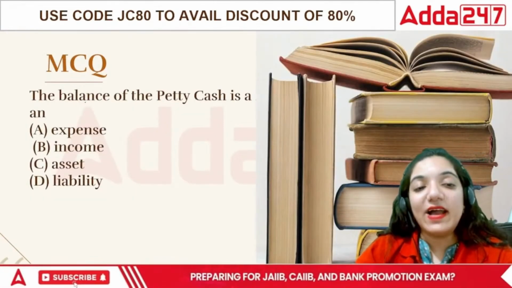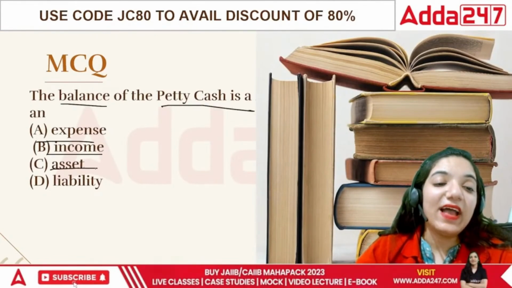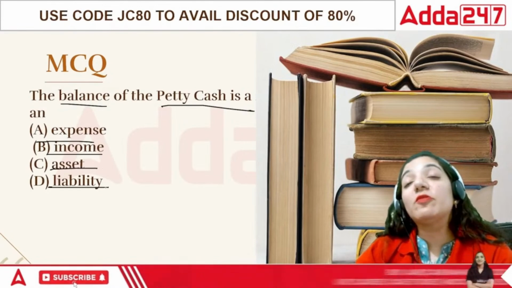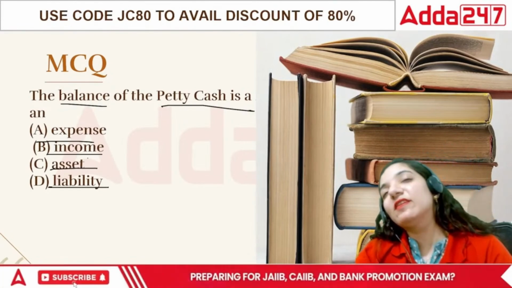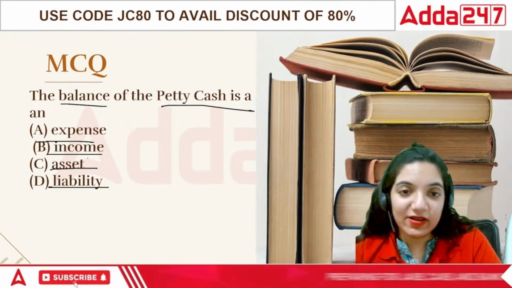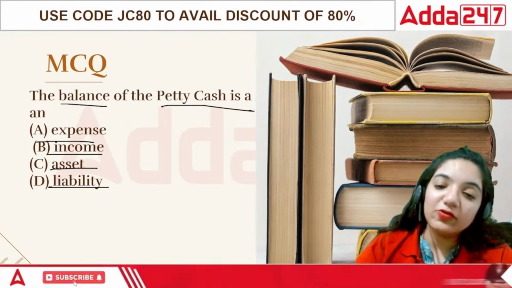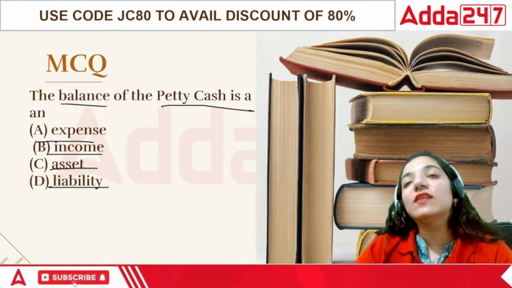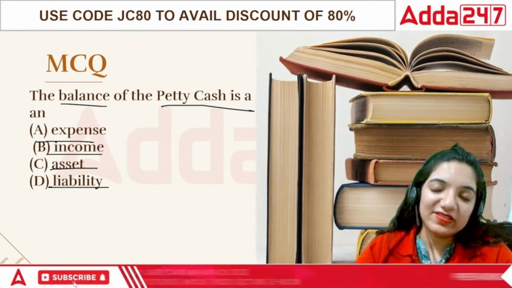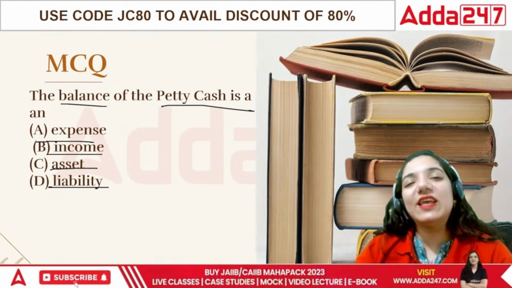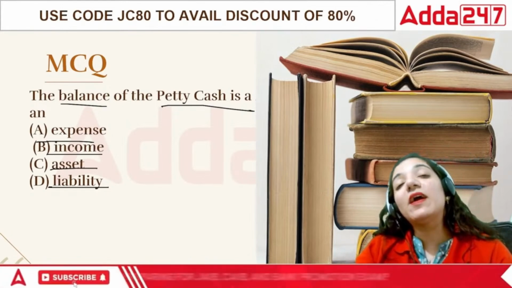Next point, the balance of the petty cash is an expense, income, asset, or a liability. When we talk about petty cash, this is the cash that is given to the petty cashier. That means this particular money is given to them so that they can incur the expenses in relation to the small expenses of the business, courier based expenses, repair based expenses.